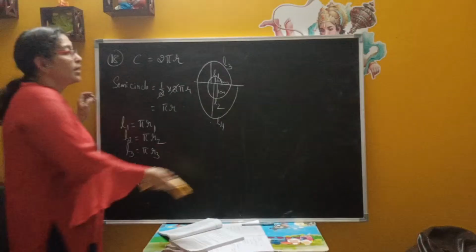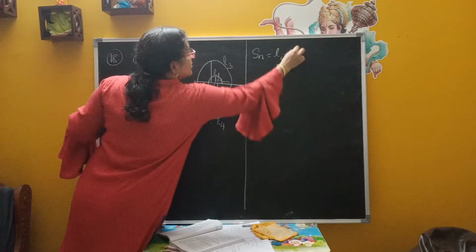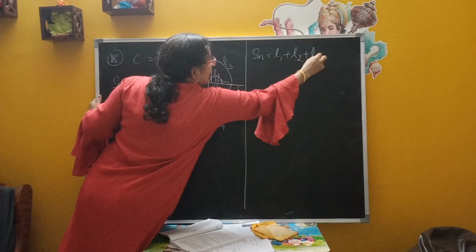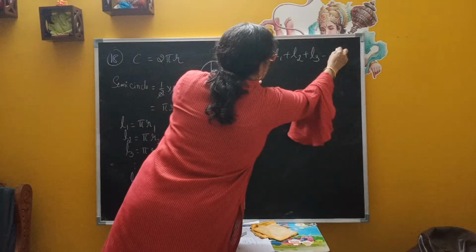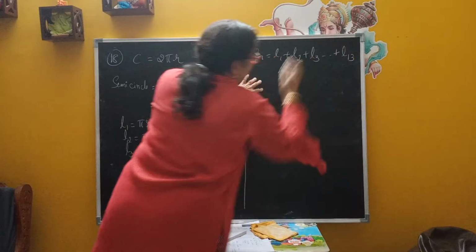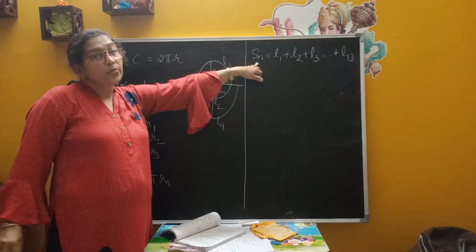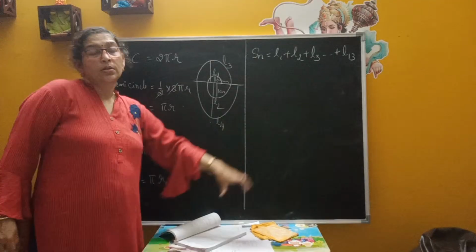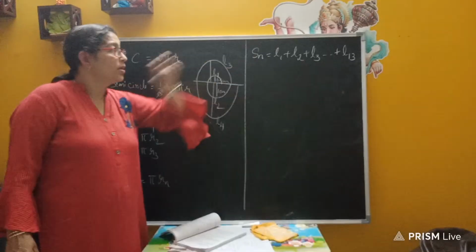We write Sn, which is L1 plus L2 plus L3 and so on till L13. This is the sum of the total length of all the semicircles together. That is the value of Sn.